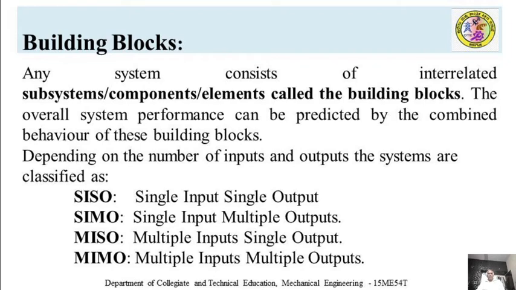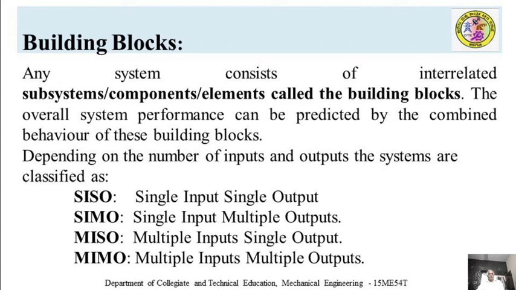Depending upon the number of inputs and outputs, the systems are classified as single input single output, single input multiple outputs, multiple input single output, and multiple input multiple outputs. The best example for this system classification is antennas used in radio transmitter and receiver systems.